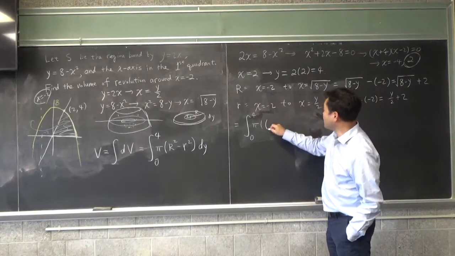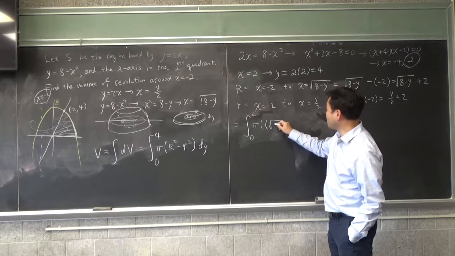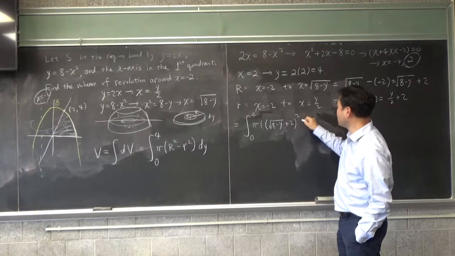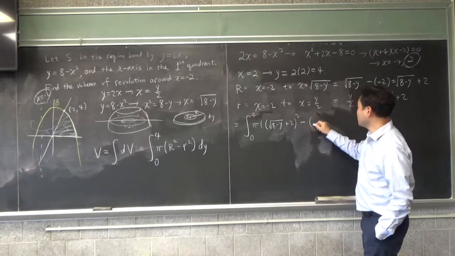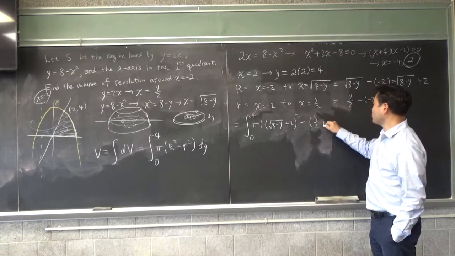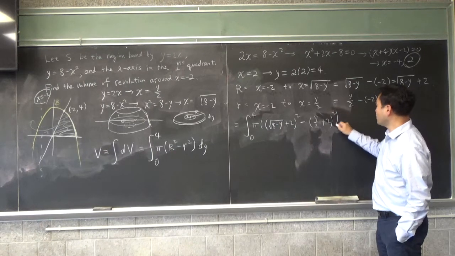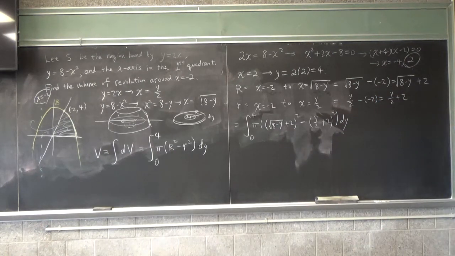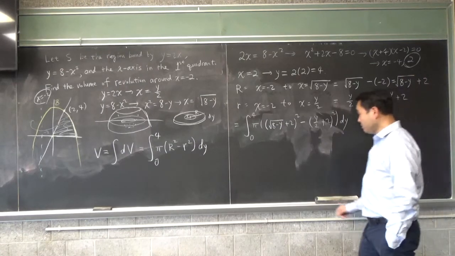Capital R would be the square root of 8 minus y, plus 2, squared, minus y over 2 plus 2, squared, dy. And now we actually have to calculate this.